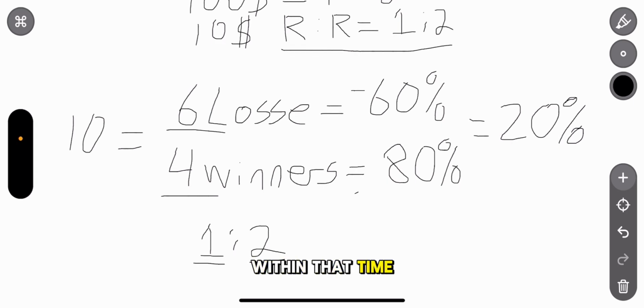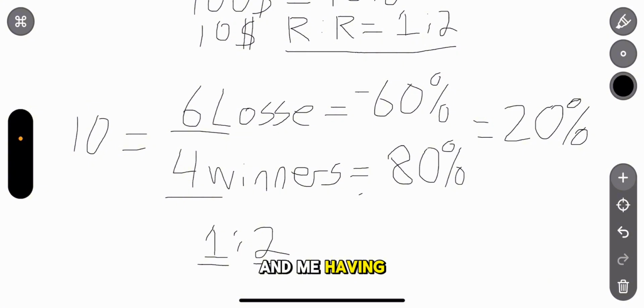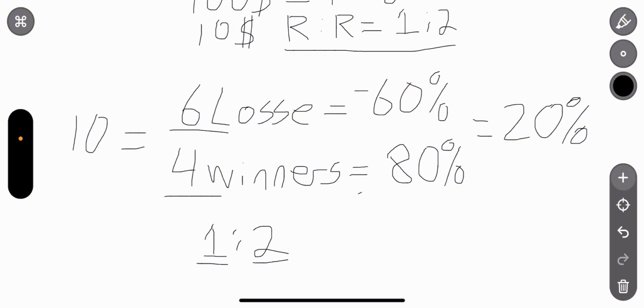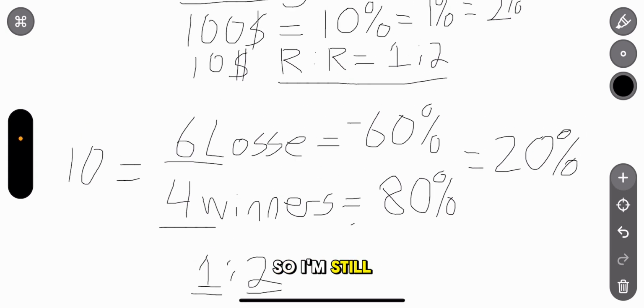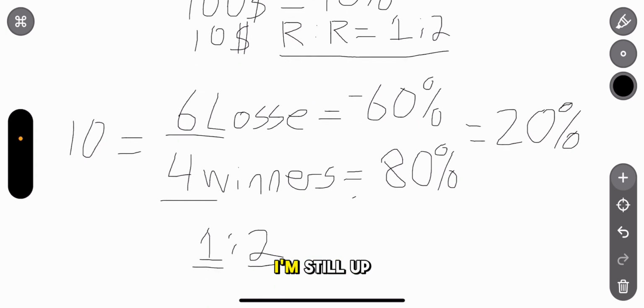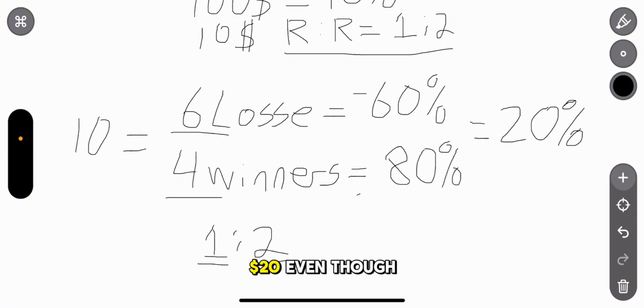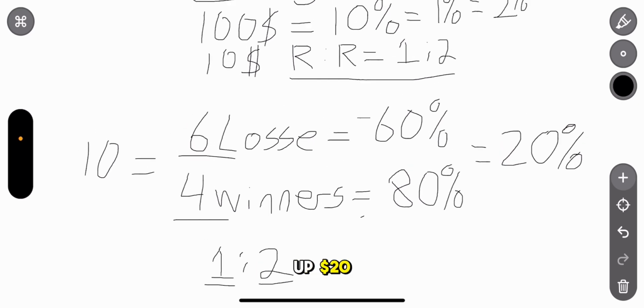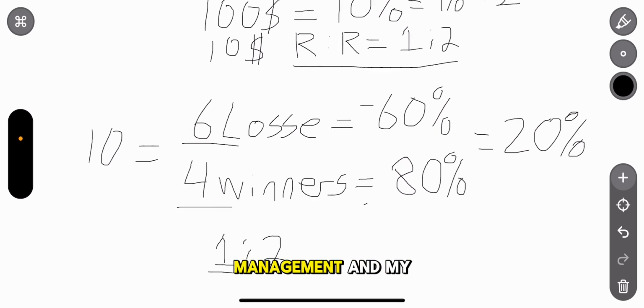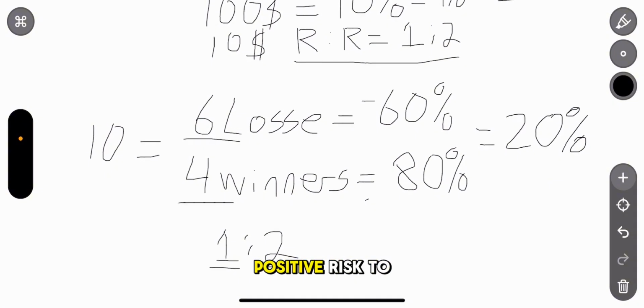So within that time span of me taking those 10 trades and me having a 40% win rate, I'm still up in profit 20%. So I'm still up. Even though I took 6 losses, I'm still up $20. I'm still up $20 even though I took 6 losses and only won four times. And why am I up $20? Because of my risk management and my positive risk to reward.